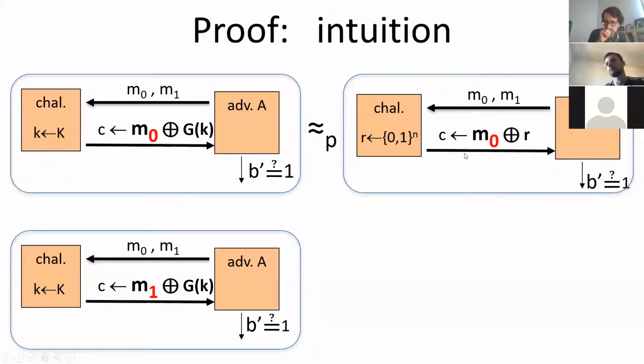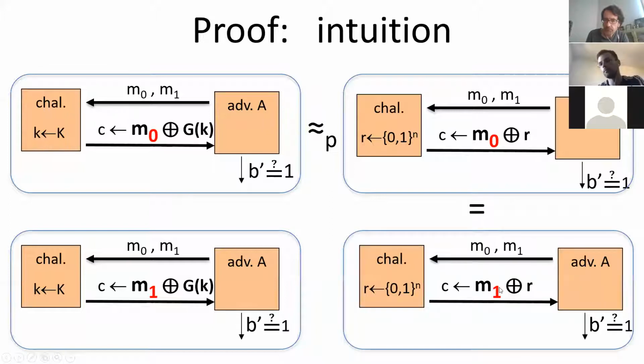Now, by the one-time pad argument that we've already done, we know that this idealized, modified encryption scheme is a one-time pad, so it's perfectly secure. So we've already seen that this distribution and this distribution are the same. That was the one-time pad argument. And of course, this final one goes by the same logic as this one.